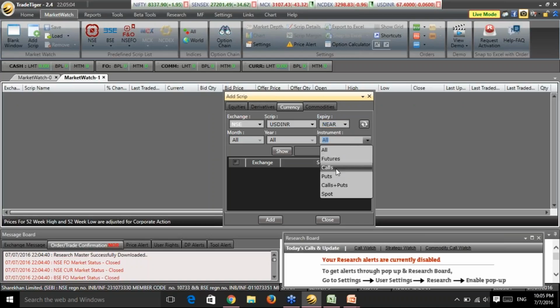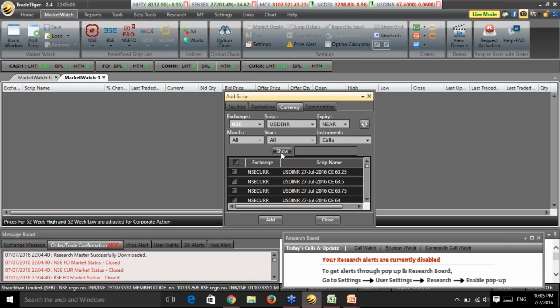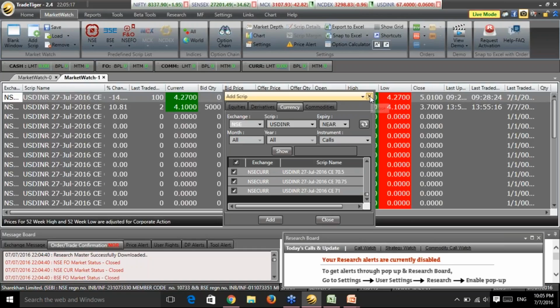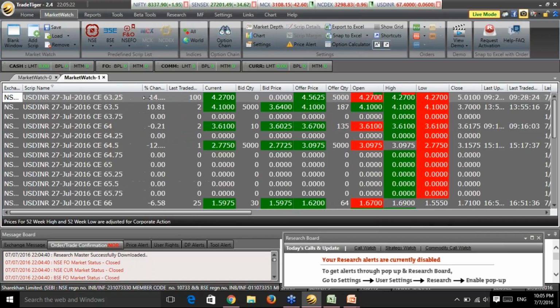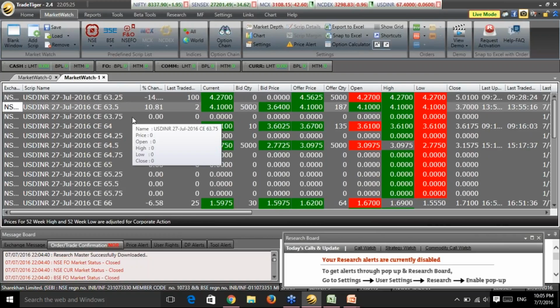For instrument, I want to take calls or puts. Show. So we have different strike prices here. Add. Look at this. For currency, we have different strike prices here.